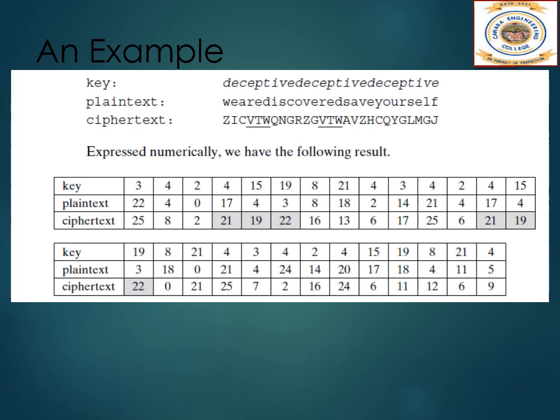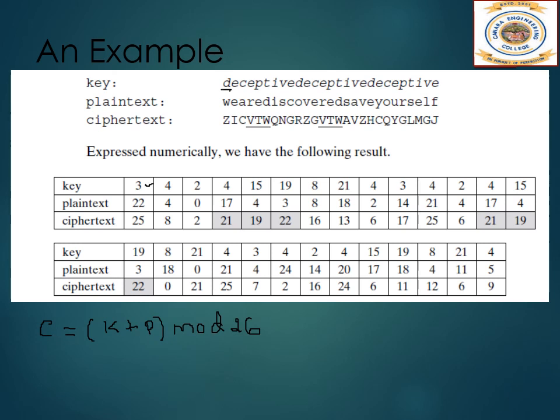Then it is the same as a shift cipher or the Caesar cipher. So the cipher will be your key plus the plain text mod 26. But here the key is going to be different every time. For the alphabet here, the starting key alphabet is D. This is the D.